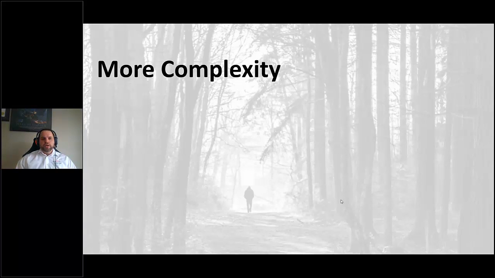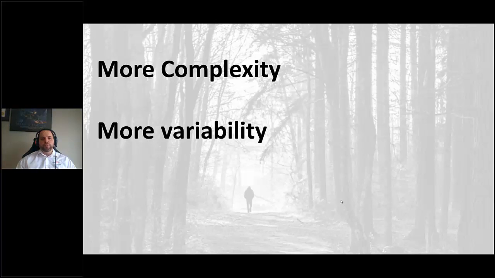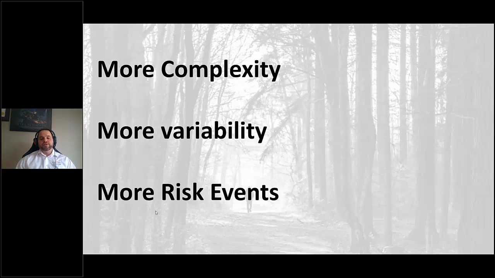Supply chains are getting more and more complex. There's more and more variability in supply chains. Variability is things like demand fluctuation, cycle time fluctuation, route time fluctuation, time for overseas shipments. And there are more and more risk events.